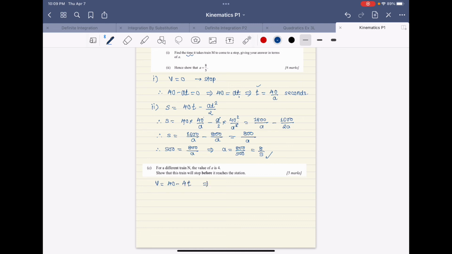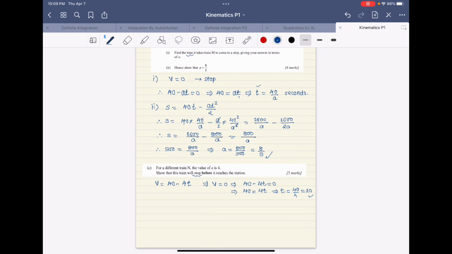Again the train stops, means velocity is equal to 0. So 40 - 4t is equal to 0. So 40 is equal to 4t. So t is equal to 40 over 4, which is 10.